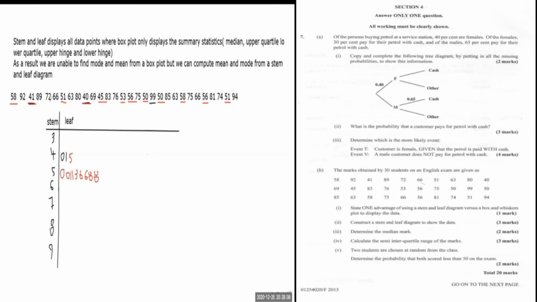Let's go for 60 now. Is there any 60? No 60. I see a 63, however. I see a 66. And I see a 69.